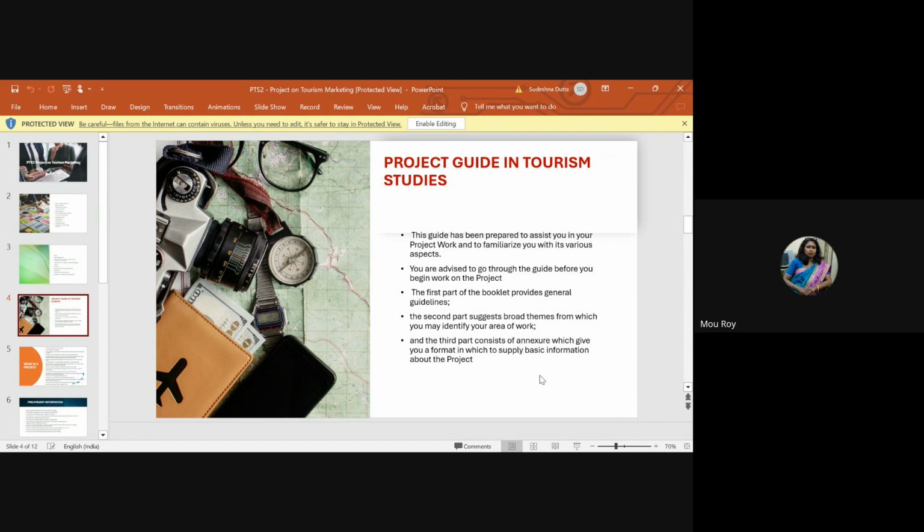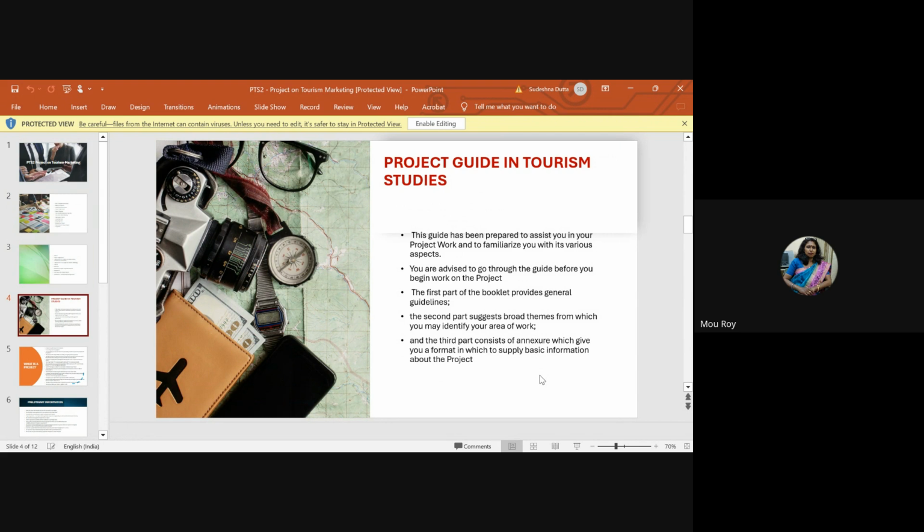Now, regarding the project guide in tourism studies, this guide has been prepared to help you in your project work and to help you become familiar with its various aspects.